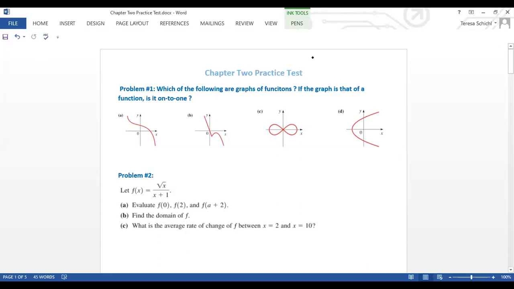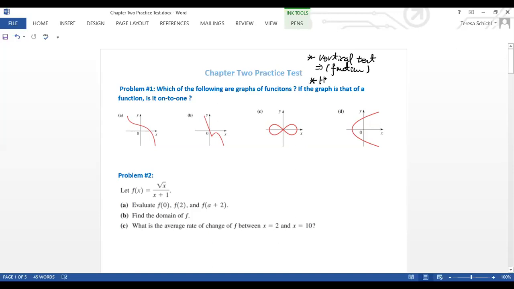The first concept is the vertical line test. What is the test for? It tests whether this is a function. If you have a vertical line that goes through two points of the y, then it is not a function. So we have the vertical test.